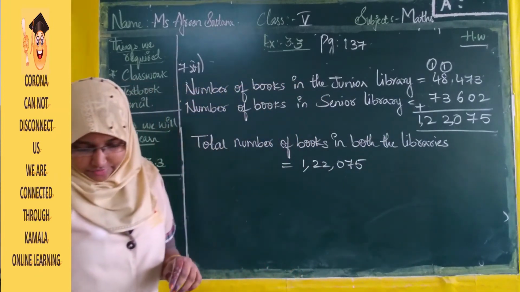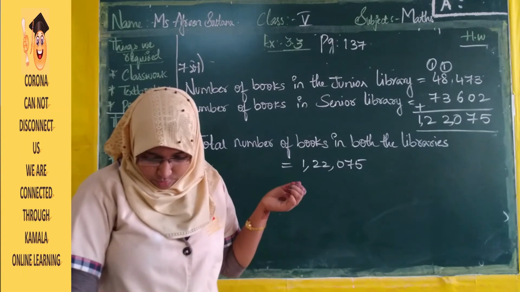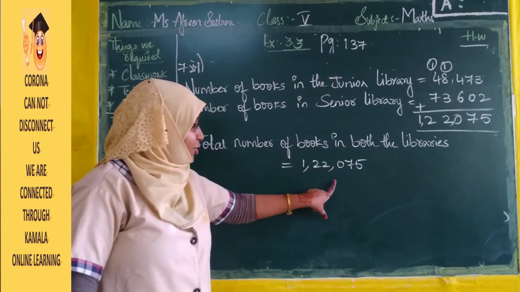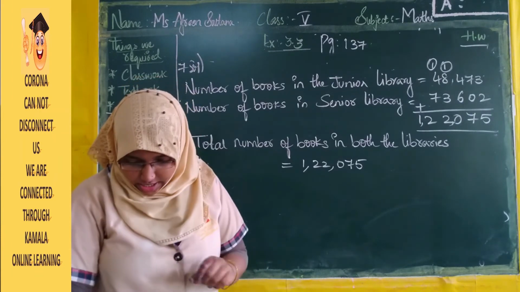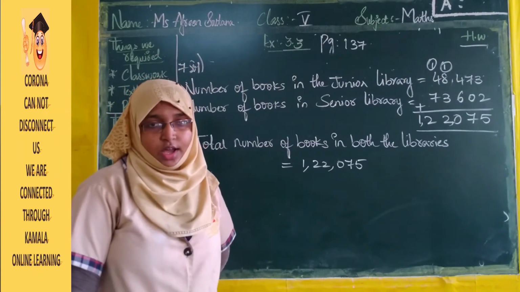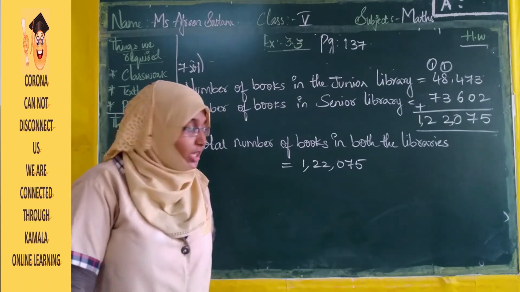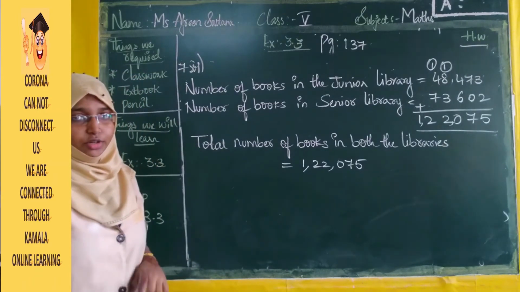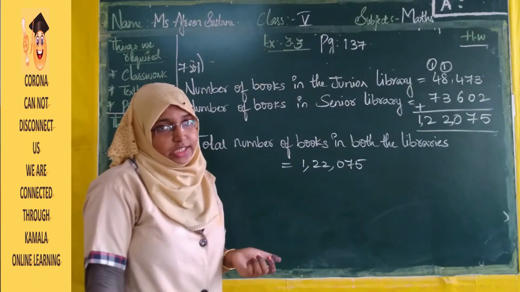So we have done our first question: what is the total number of books in both the libraries? Now, how many more books does the senior library have than the junior library? So what are we going to do? We are going to apply the operation, subtraction.